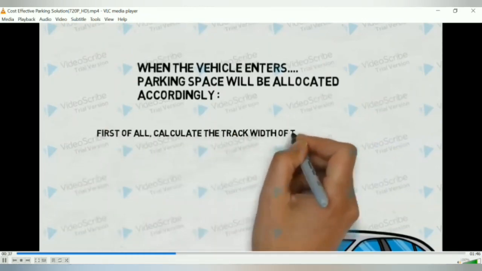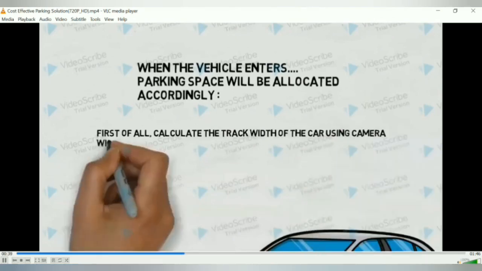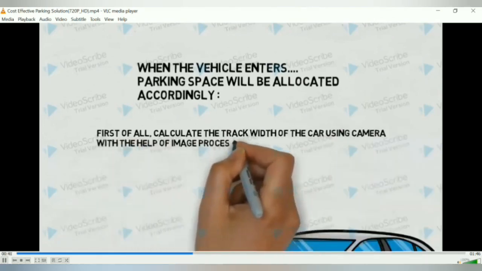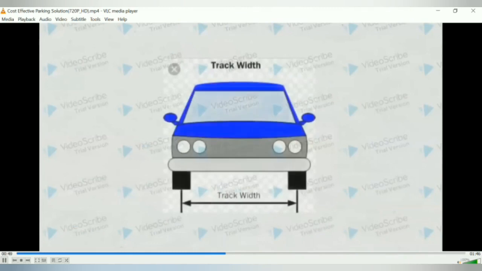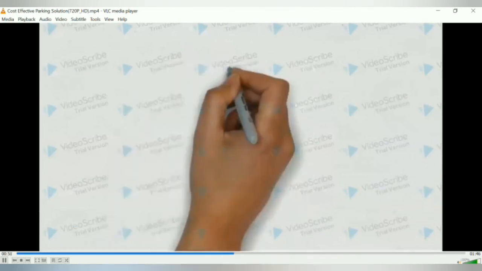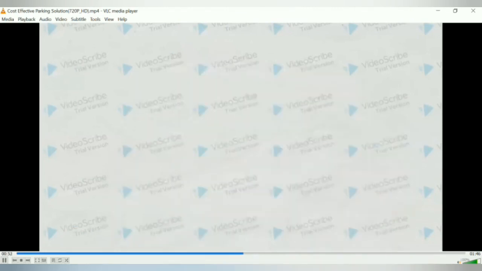First of all, the track width of the car is calculated using a camera with the help of image processing algorithms.